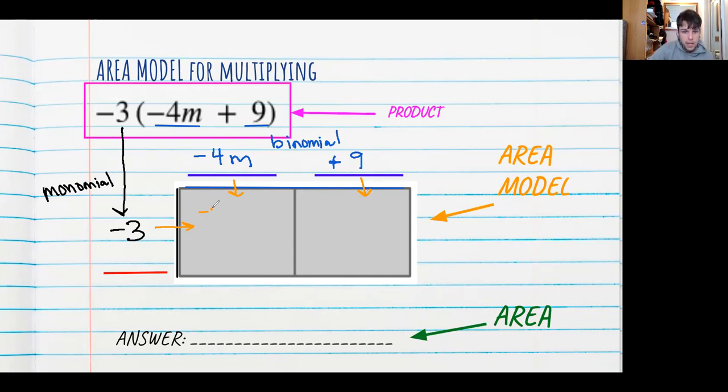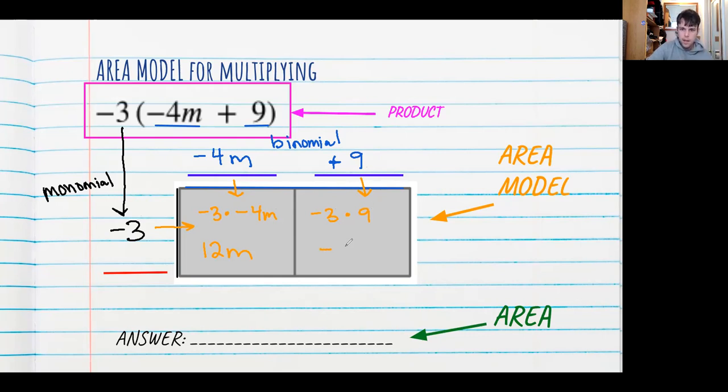So here I'm doing -3 times -4m. And I want to write my result here. Negative times negative is positive. We get 12m. 3 times 4 is 12m. And then -3 times +9. Right here, I'm doing -3 times +9.